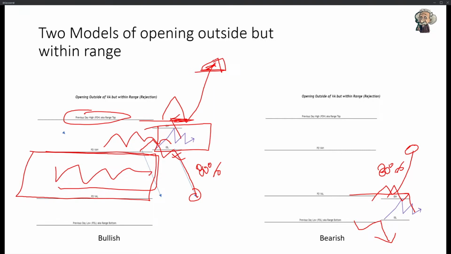But in those occurrences when you open above value area, or below on the bear side, usually we don't spend a lot of time consolidating, because somebody has market information or news telling them to reject the value and go higher or lower. So typically out of here, you expect to see some trend days, or a traverse of the opening to the lower value, or higher value if you're on a bearish open.